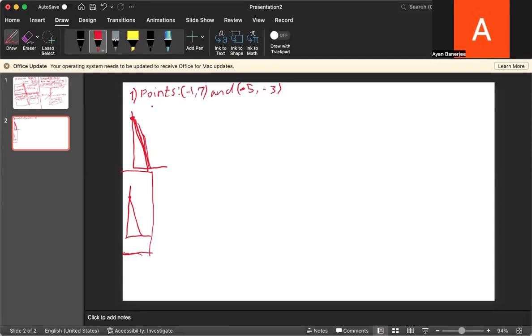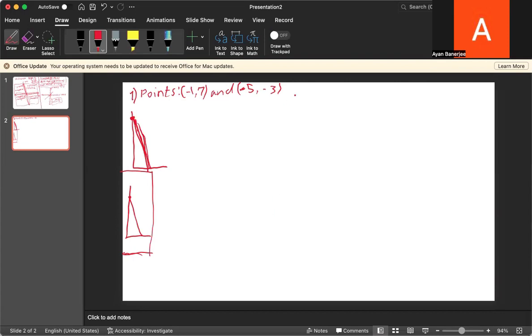So let's start with some questions. First we have to find an equation whose graph is the line passing through the points -1, 7 and -5, -3. So -1 and -5 are the x values, 7 and -3 are the y values. So let's first try to find the slope.